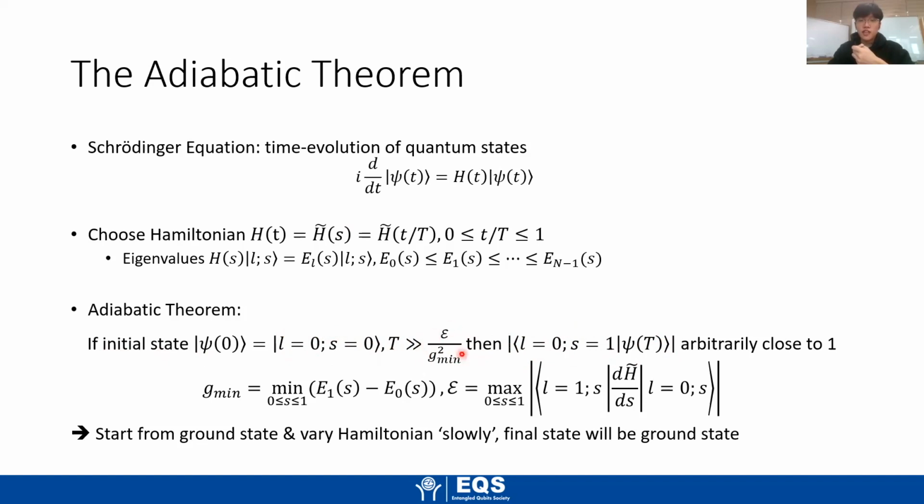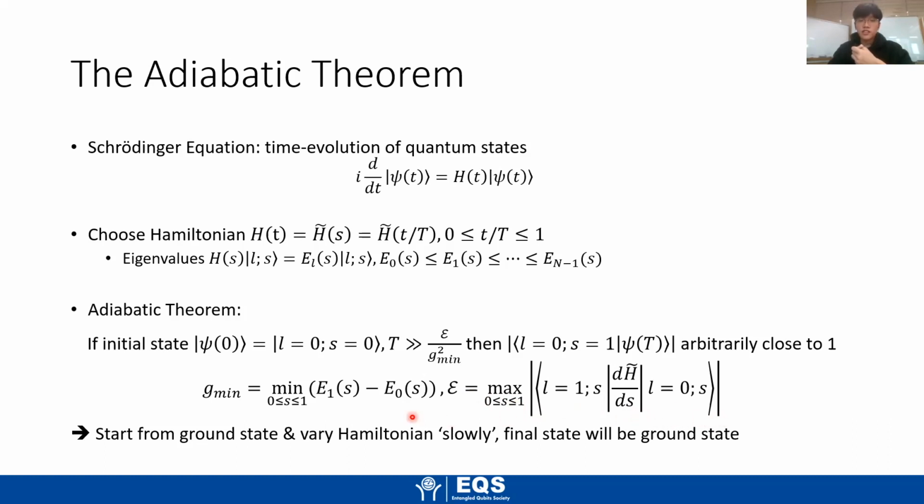And here, these values are as follows. So g min is the minimum difference between the first excited energy and the ground state energy over s. And here, this E is the maximum value of this value.